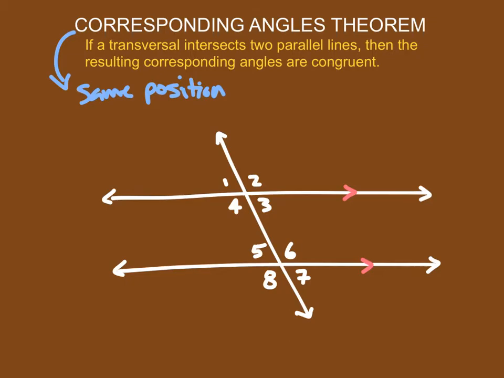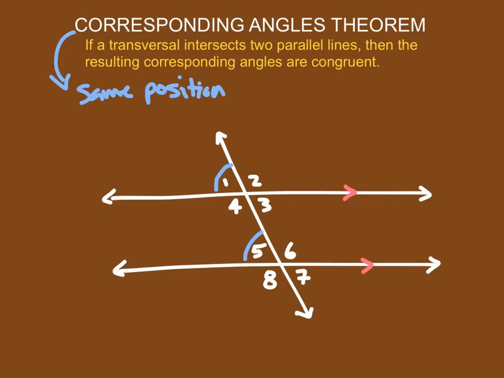So let's identify what corresponding angles are. If I look at angle 1 right here, notice that angle 1 is in the top left corner of this intersection. If I look over on this intersection of lines, I notice that angle 5 is in my top left corner, and those are going to be congruent.